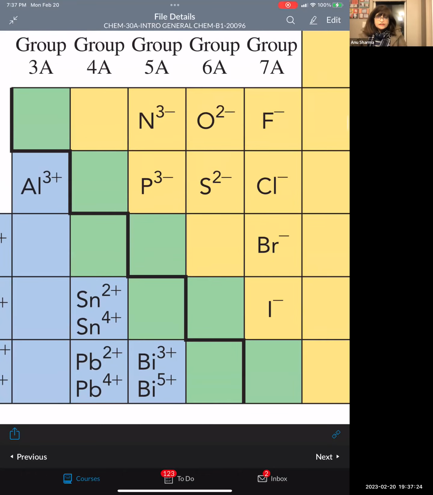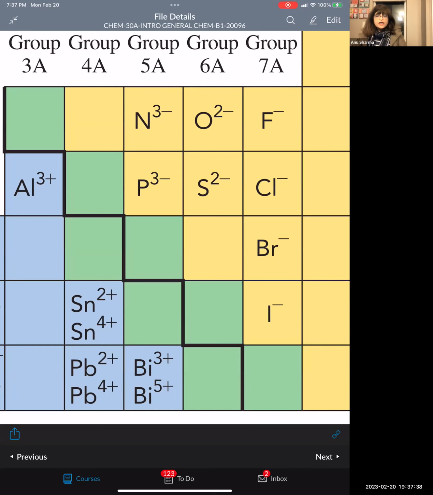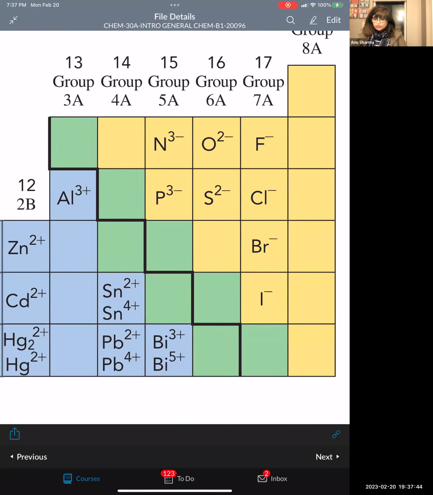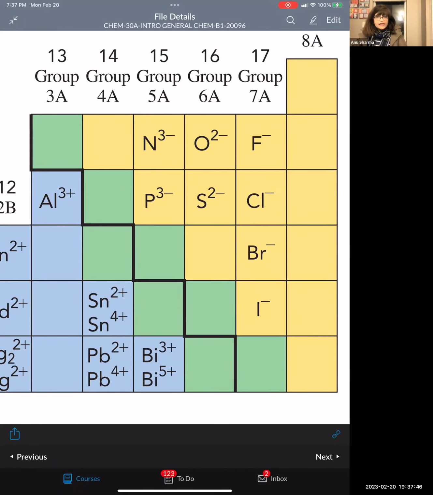Then we have group 6A. Group 6A is oxygen and sulfur, non-metals, and they will gain 2 electrons each. So they get 2 negative charges. Oxygen becomes oxide, sulfur becomes sulfide. Group 7A is fluorine, chlorine, bromine, iodine. All these halogens are very close to the noble gases in group 8A. Group 7A has 7 valence electrons, but they will acquire only 1 electron so they can have an octet.